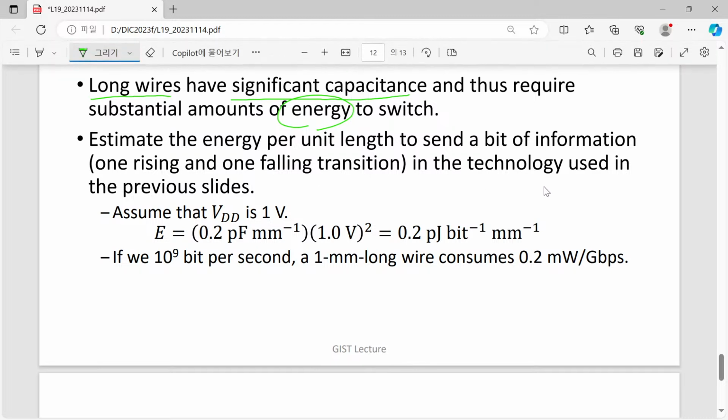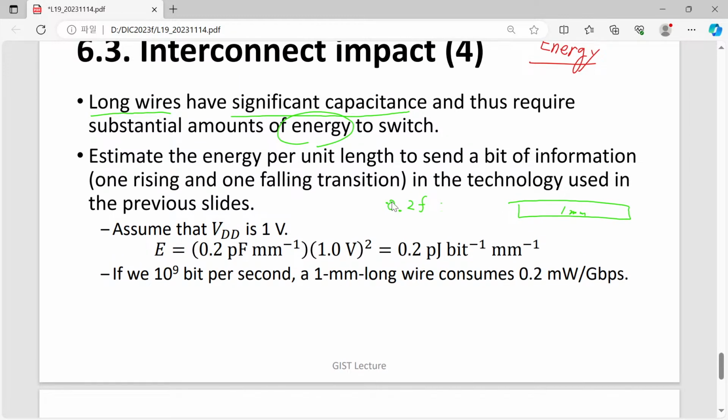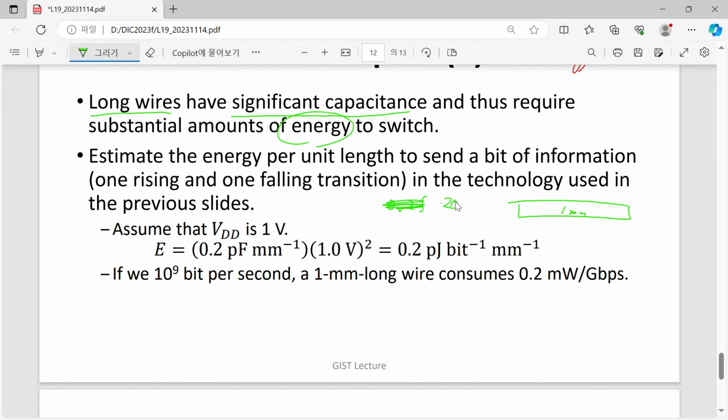We have used a long line, a 1 millimeter long line, and it has 200 femtofarad of capacitance per 1 millimeter.